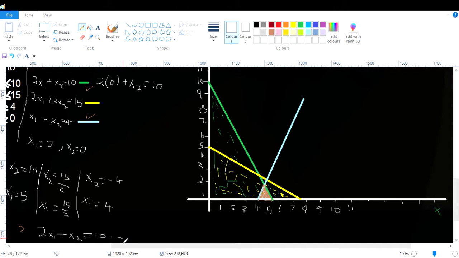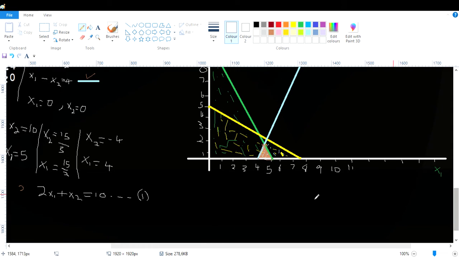This one is equation 1. Then x sub 1 minus x sub 2 is equal to 4. This one is equation 2.